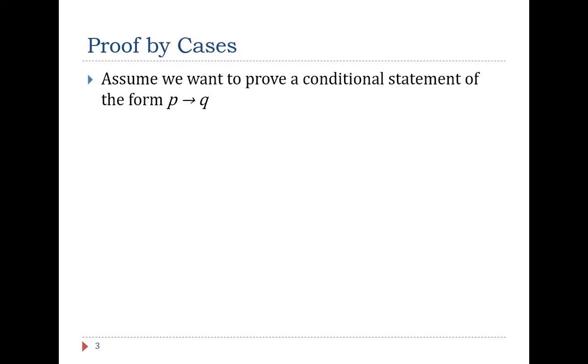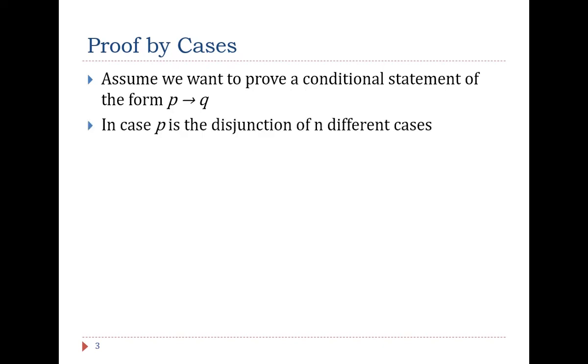We assume that we want to prove a conditional statement of the form P implies Q. In case P is the disjunction of different cases, then this means that P is something like P1 or P2 or Pn.